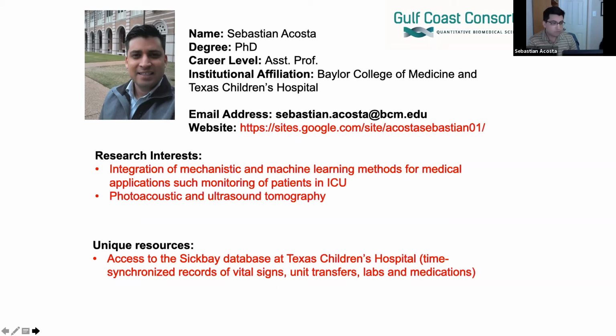One of the unique resources that we have at TCH is called the Sickbay Database. And some of you may be familiar with this system. Basically, it's a very well organized database where we have time synchronized records of the vital signs that the patients produce and their transfers within the hospital, their lab results, and the medications administered to them.